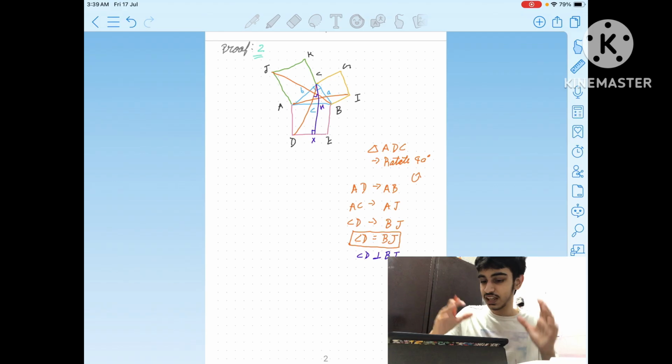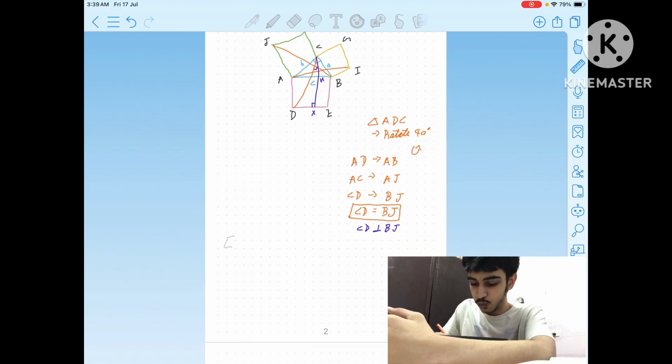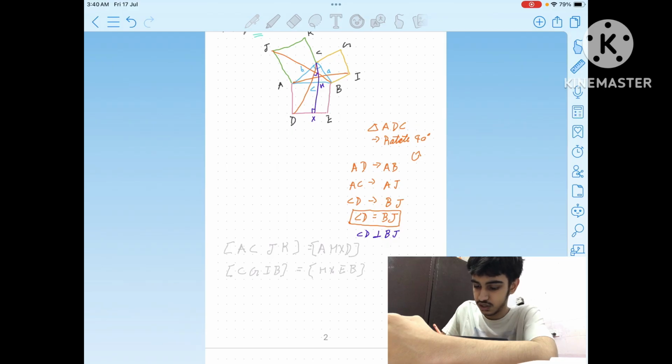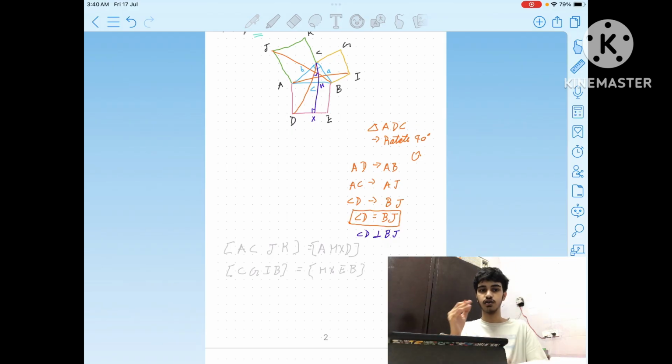What I'm thinking right now is to equate the area of the square ACJK to be equal to AHXD, and the area of HXEB to be equal to the area of CGIB. This is what I'm thinking of right now.